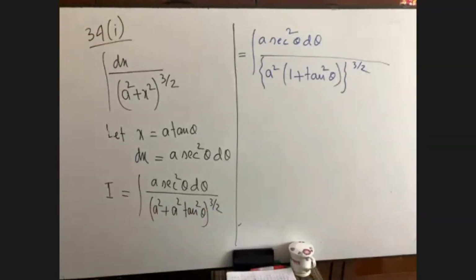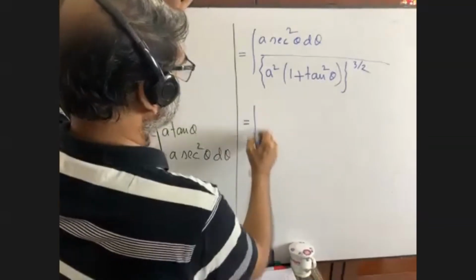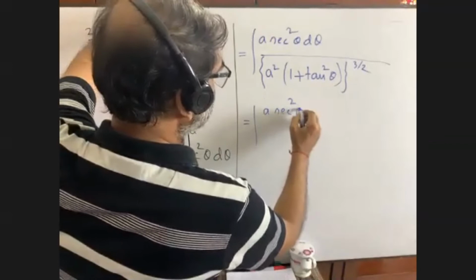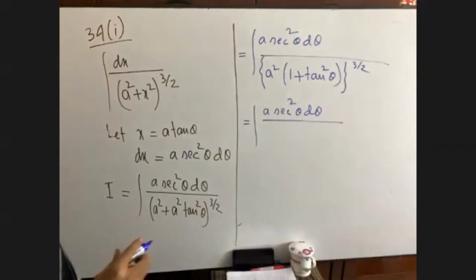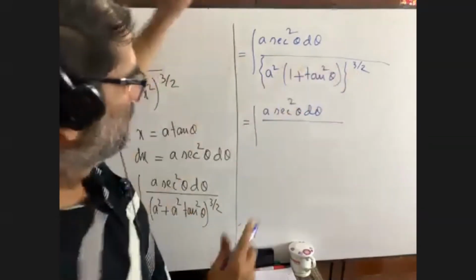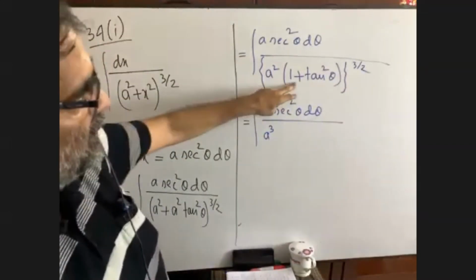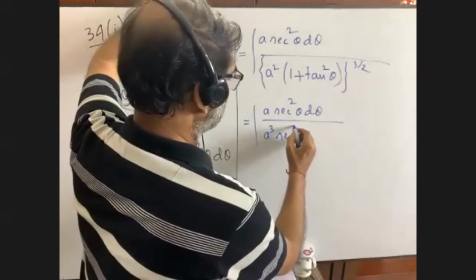Very good. You see, it is a sec square theta d theta by, now please let me know the calculation. Power of a square is 3 by 2, 2 will be omitted, so it is a cube. For sec square theta, power is 2, so it is sec cube theta.